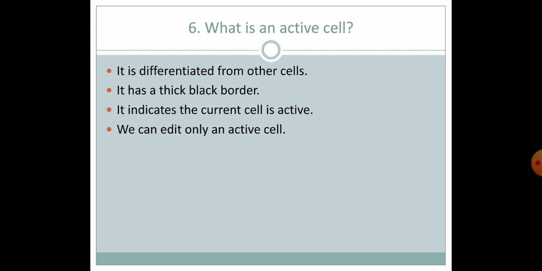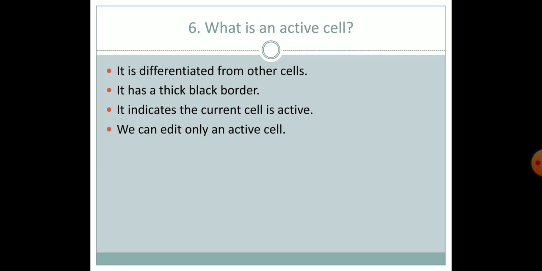It will tell you where you can write, or enter into that particular cell. We can edit only an active cell. If you want to edit any cell, you have to move to that particular cell, so that it becomes active, and then you can edit.